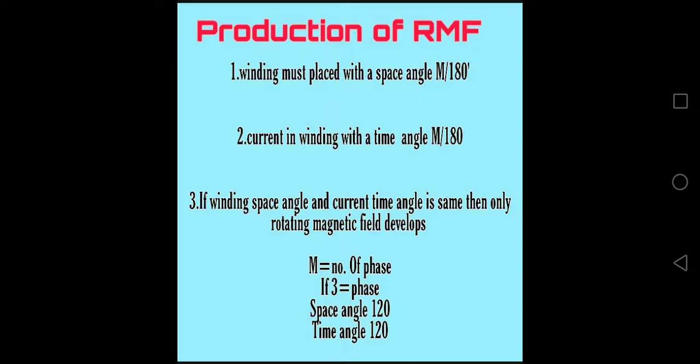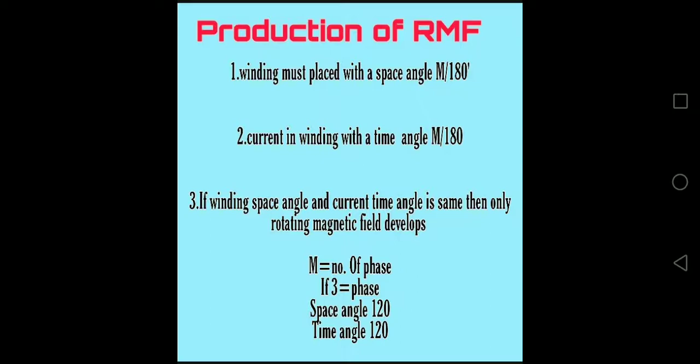Because the major difference is that in a transformer there is no rotating magnetic field, but in a three-phase induction machine a rotating magnetic field is present. Because of the rotating magnetic field, the induction machine rotates. So actually, how to create a rotating magnetic field in any machine? If there is a rotating magnetic field in the machine, then only the machine will rotate.